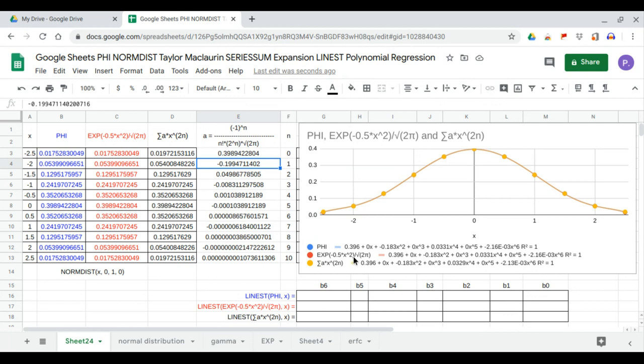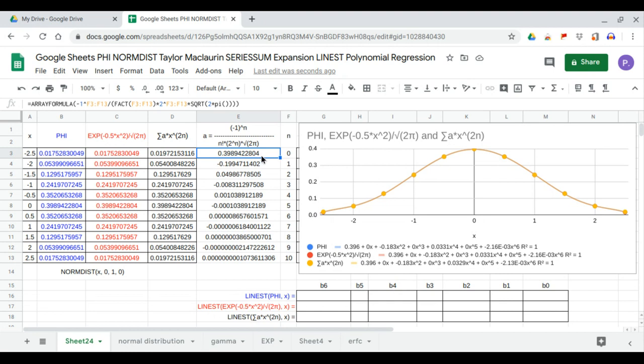Now let's look at the regression coefficients. They're the same for B0, 0.396. B1, they're all 0. B2 is negative 0.183. B3 is 0. B4, 0.0321, and so on.